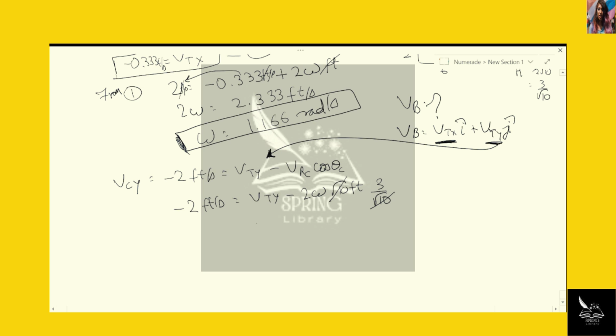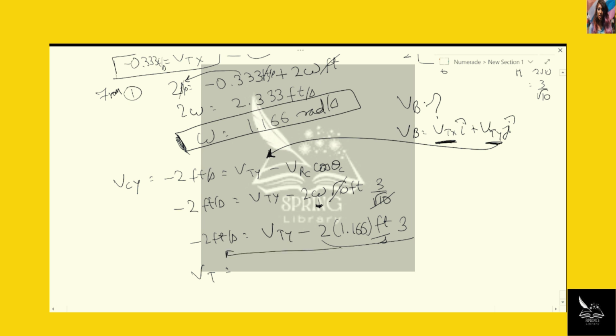and then we can solve this equation, and we also know the value of omega. So yeah, minus 2 feet per second equals VTY minus 2 times omega, which is 1.166 feet per second, times 3. So VTY is going to be, all these numbers will go here and become positive.